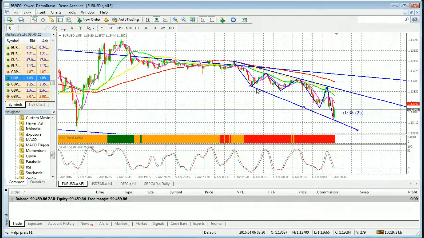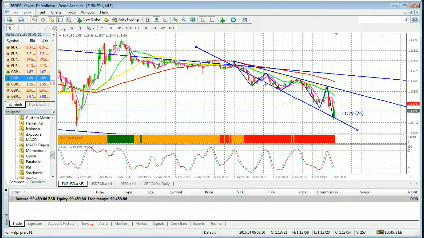Might even be able to just do this. Yeah, you can see from this point here, it's just widening. Boom, boom, boom, boom, boom. It's getting a lot more momentum running now.